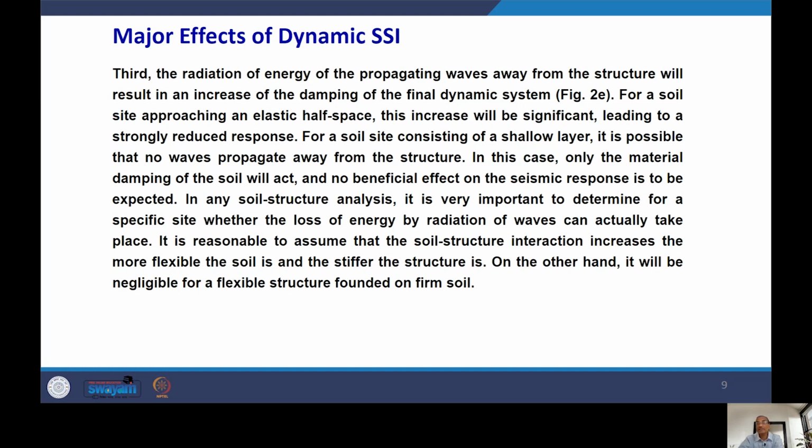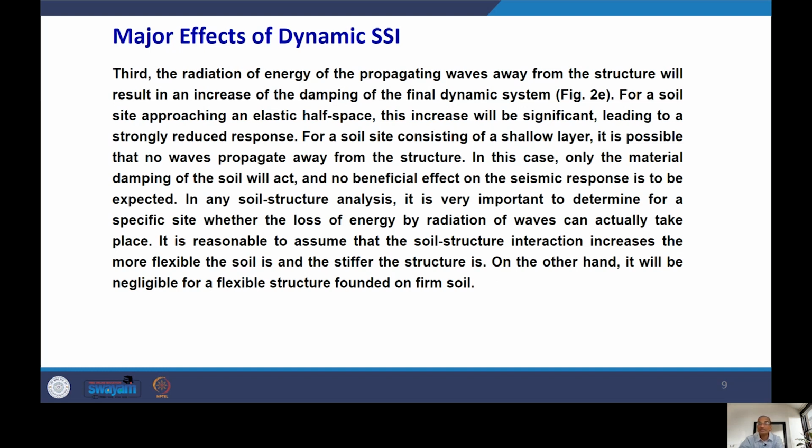But right now, when the radiation of energy takes place due to propagating waves, there will be an increase in the damping of the dynamic system. And for a soil site approaching an elastic half space, this increase will be significant, leading to a strongly reduced response. So when there is an increase in damping, the response gets reduced.